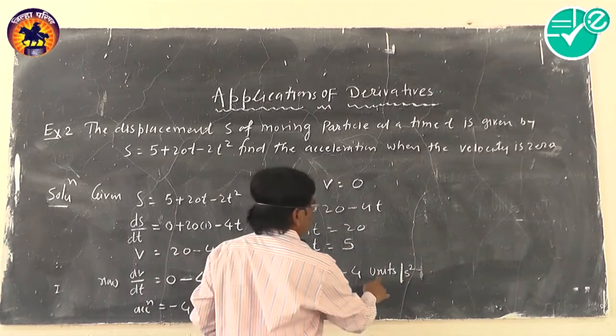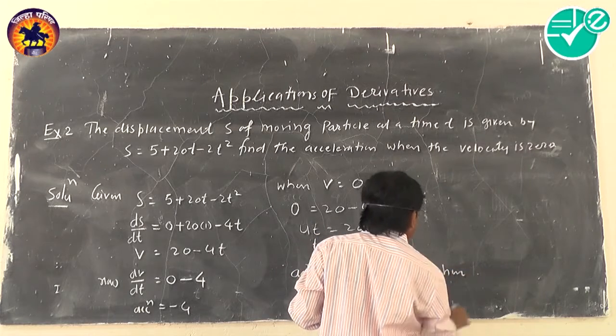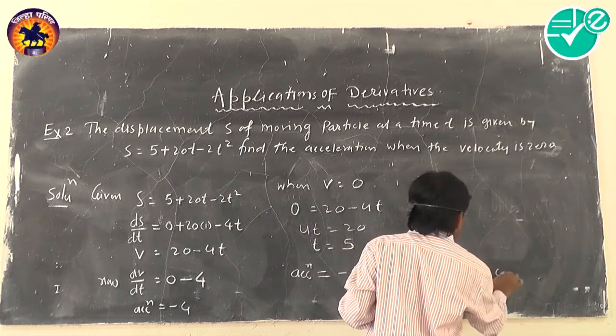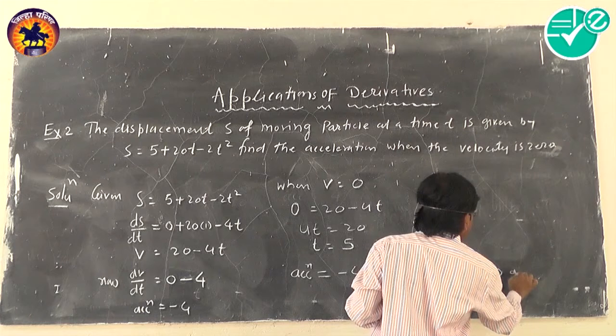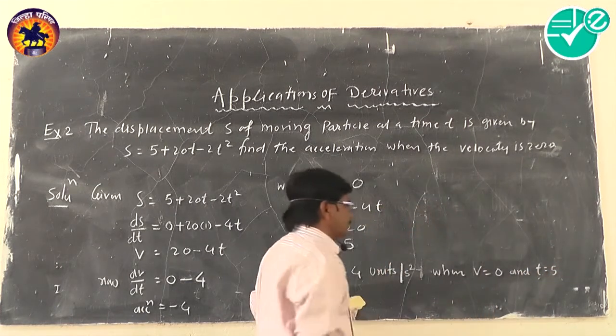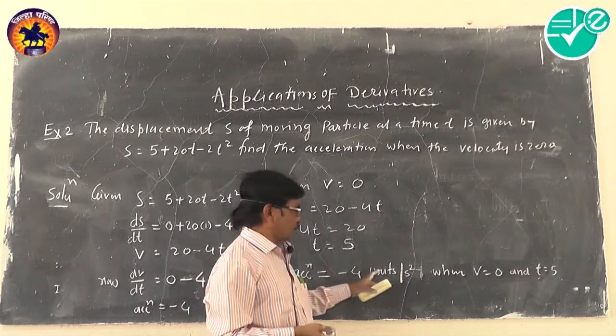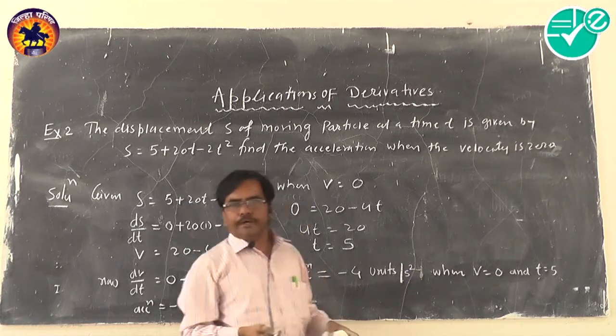Therefore acceleration is minus 4 units per second square when v is equal to 0 and t is equal to 5, that is, time is 5 seconds and velocity is 0.